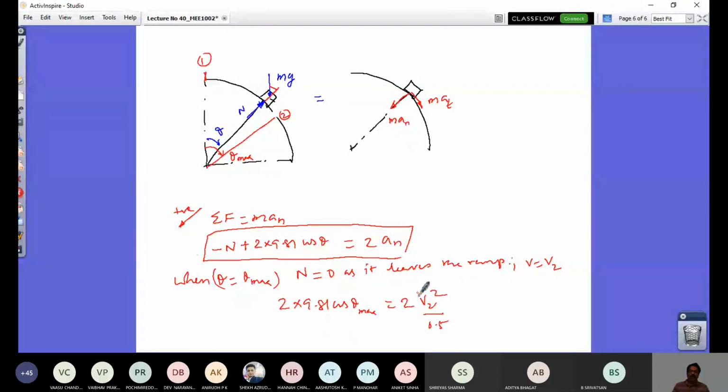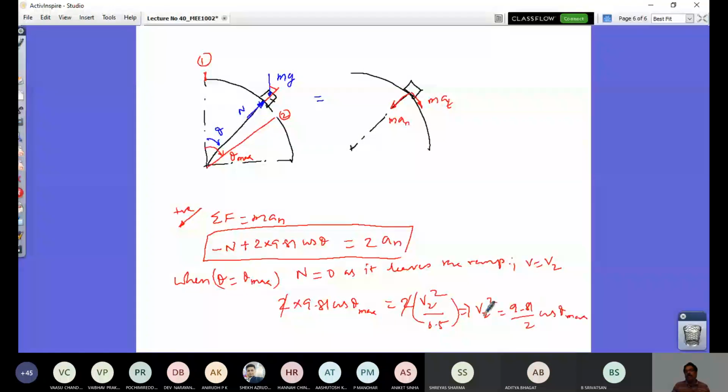So this solves for V2 square, that's equal to, so this becomes 4 and goes down. So this 2 goes off, and V squared by rho, this 0.5, 1 by 2, so 2 divided by this, so it is 9.81 by 2 cos theta max.